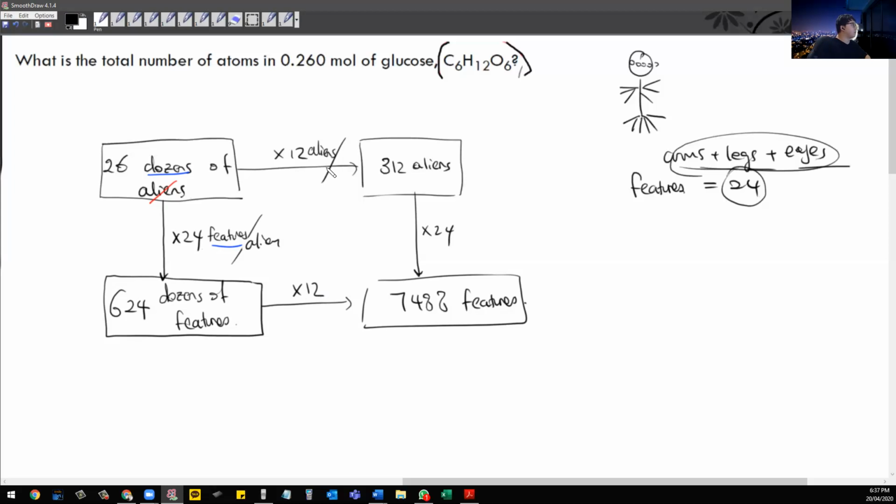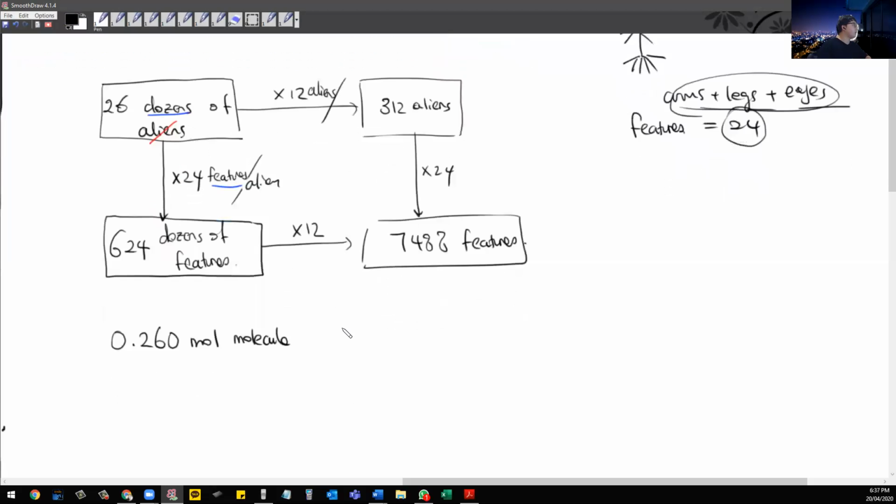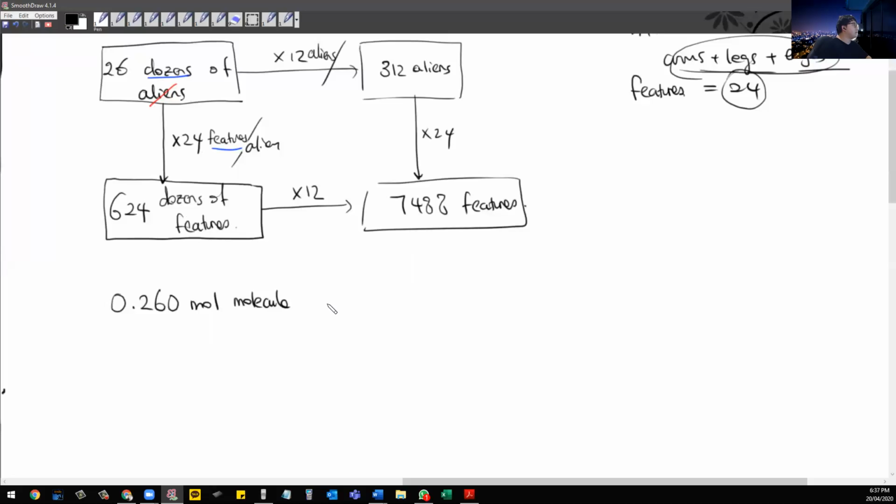So there's a reason why I made you guys go through this step, because what we have is 0.260 mole of this big molecule. Now I can times this by the Avogadro's number, because 1 mole is that many molecules, right?